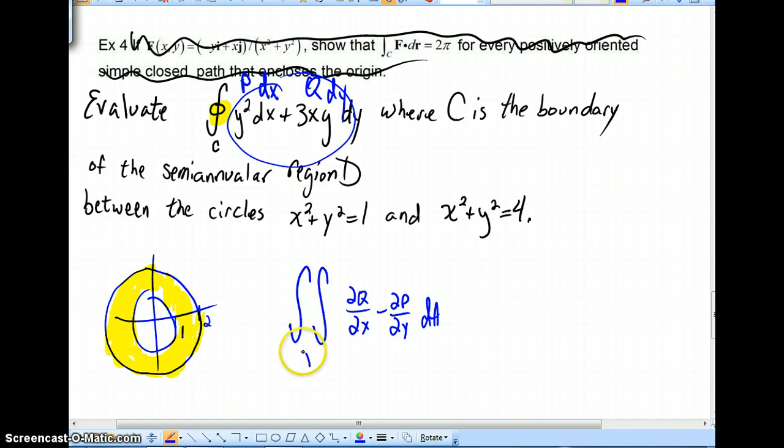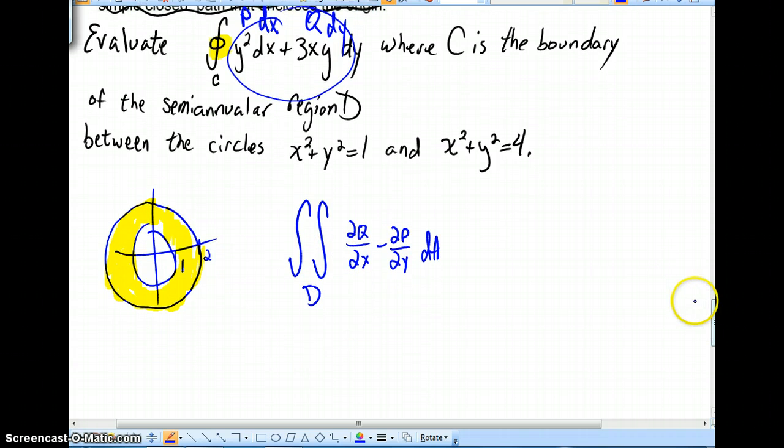And we're going to integrate over this region with this double integral. So we're going to have Q with respect to x. That is a derivative of just 3y. The derivative of P with respect to y would be 2y.